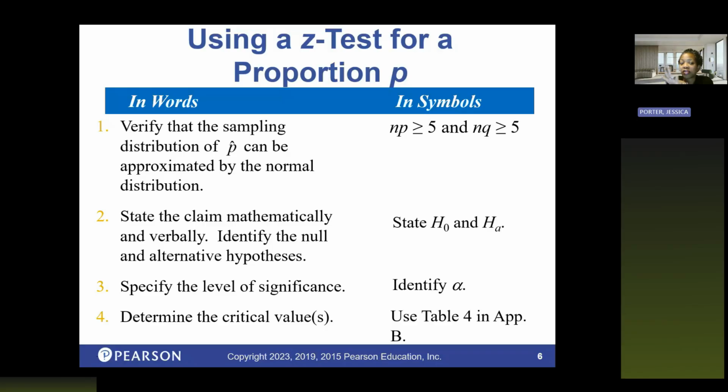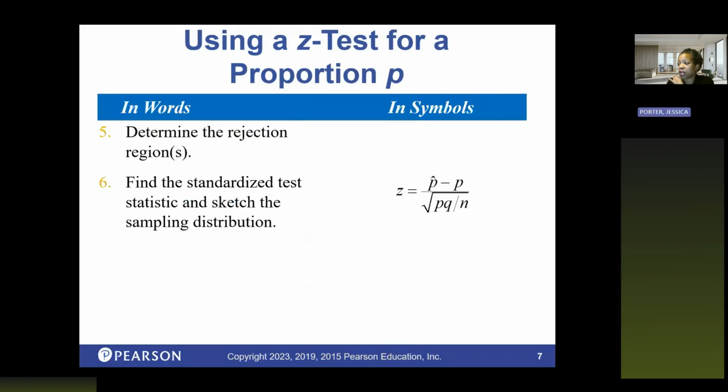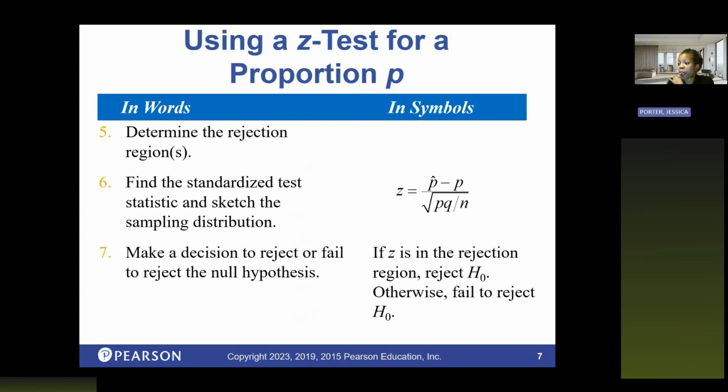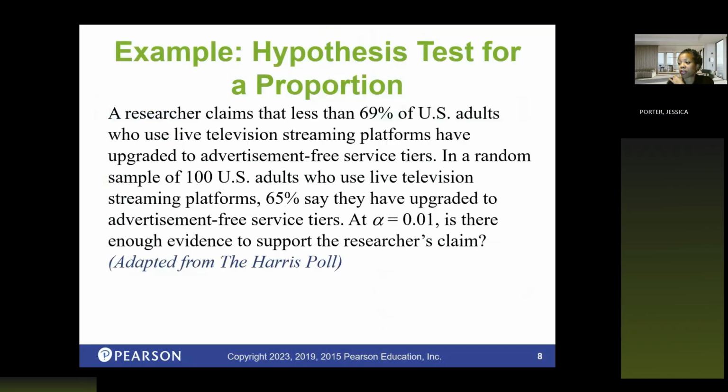We have a couple of methods for doing that: you can look at the table, or the common critical values, which would be helpful here, or use the calculator or StatCrunch. Then determine the rejection region, and make a decision whether we fail to reject or reject the null hypothesis. All right, let's do it.